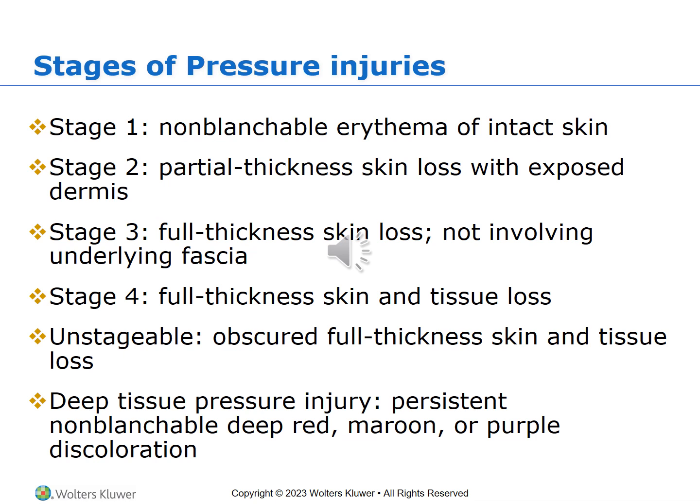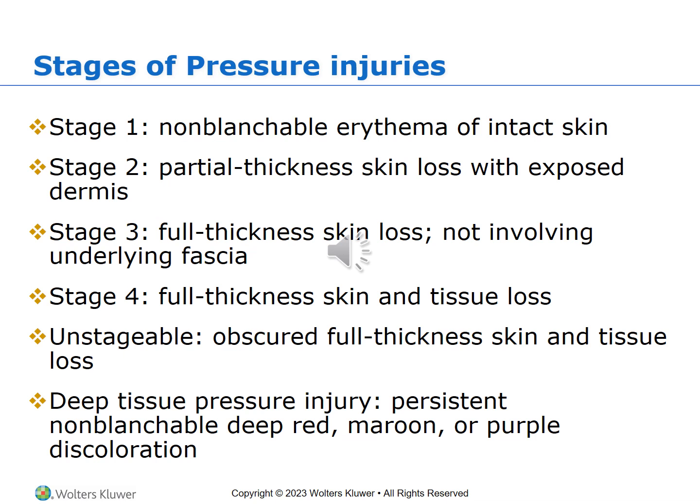A stage 2 wound is considered partial thickness skin loss and exposes the dermis, which is the next layer of skin underneath the epidermis. So this is a superficial opening. In the stage 2 wound, the wound bed is viable. It is pink or red. It's moist.